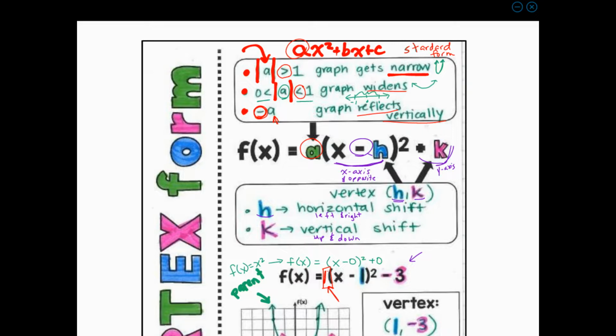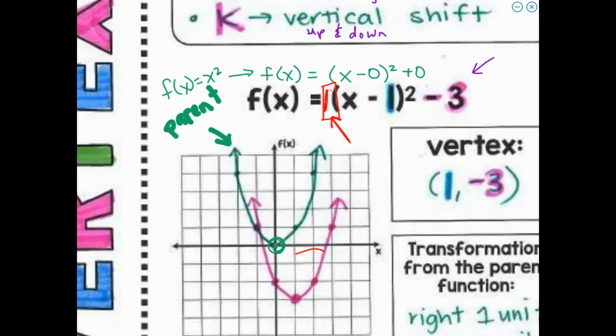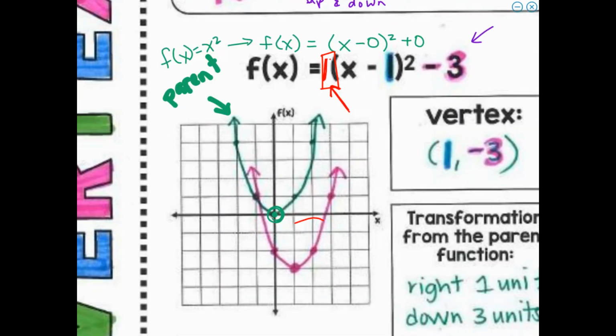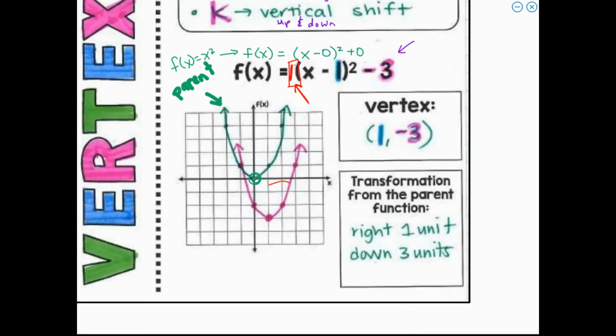Neither one of my things about a say equal to, right? Because when you multiply by 1, does it change anything? No. So a 1 as my a value would not change anything in my parent function. It does not change the shape of it.